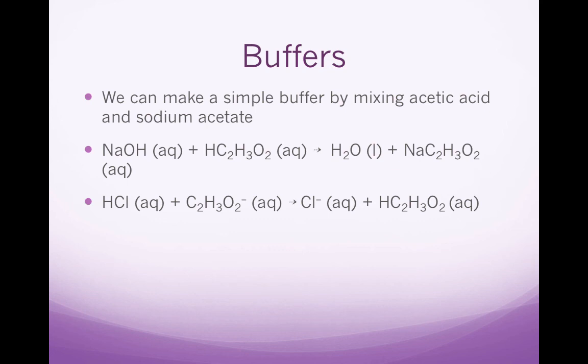Buffers are really important in our body. Our blood has a buffer in it with carbonic acid. And that's really, really important because our blood is about a pH of 7.4, and it really needs to stay very, very close to that pH.